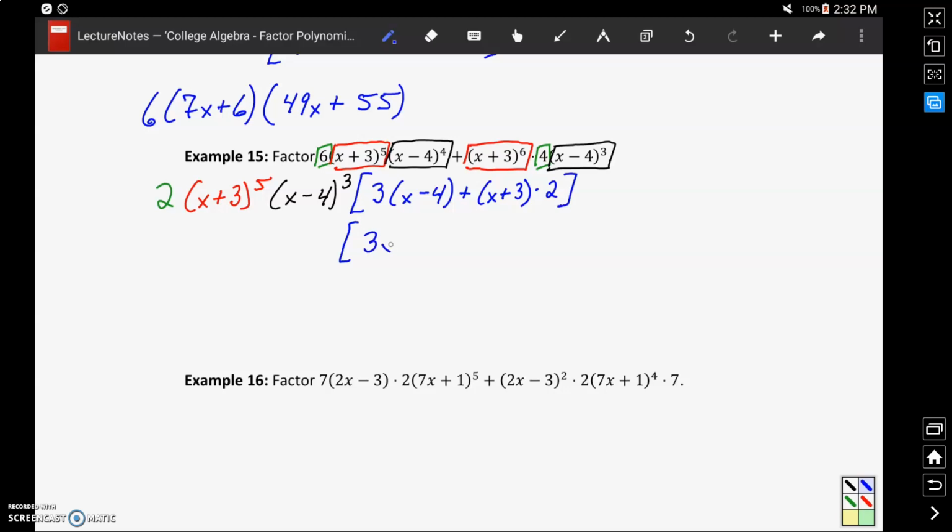Distributing through will give us 3x minus 12 plus 2x plus 6, or a final factored form of 2 times the quantity x plus 3 to the 5th power times the quantity x minus 4 cubed times the quantity 5x minus 6.